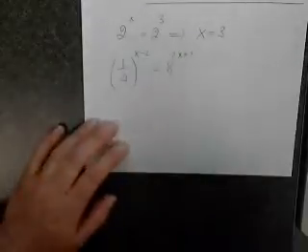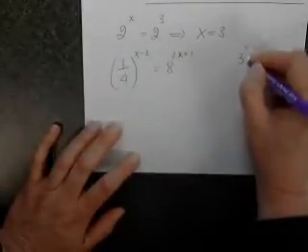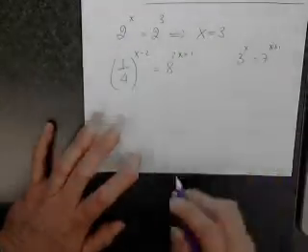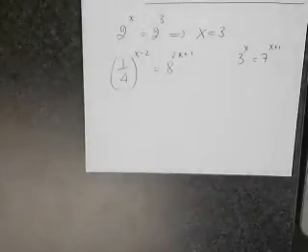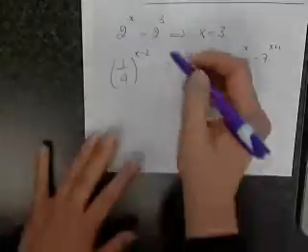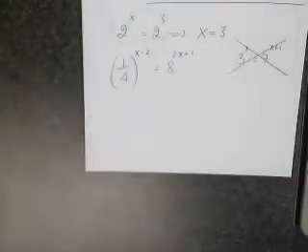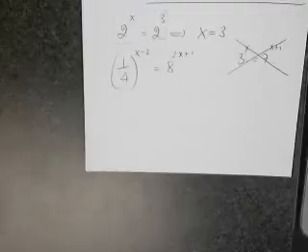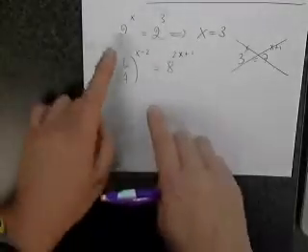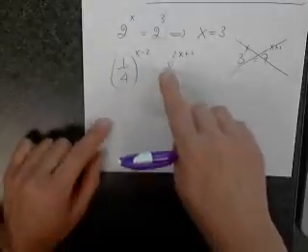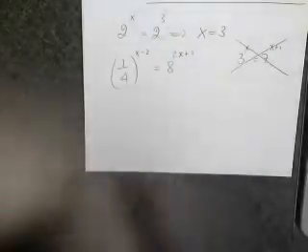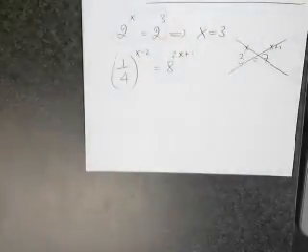Because if I ask you, and we'll get to that in a minute, 3 to the x equals 7 to the x plus 1, you will have to say that 3 and 7 can never be presented with the same base. So this idea will never work here because 3 and 7 are not the same base. But my question here is, can I present 1/4 and can I present 8 with the same base? And the answer is yes.